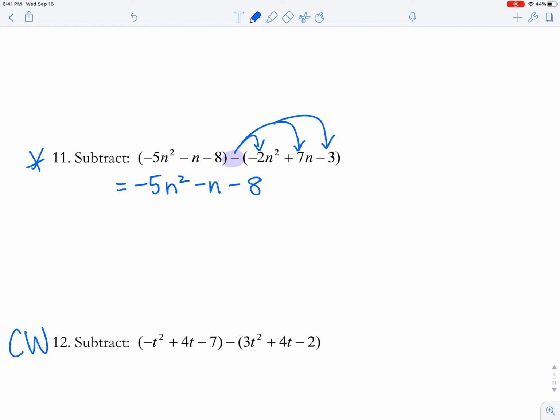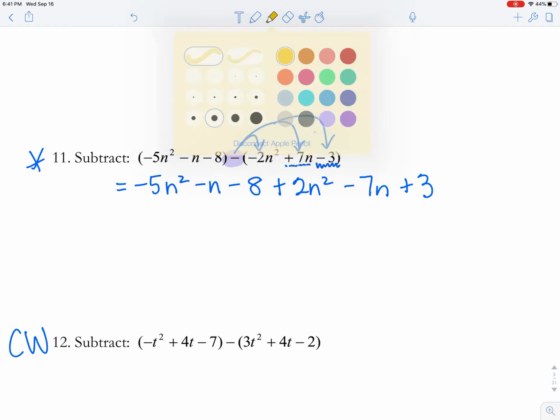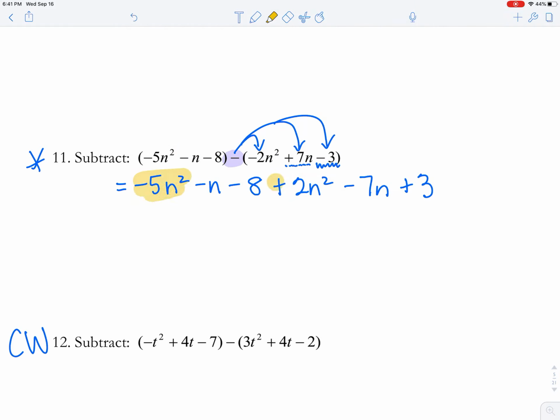A minus times a minus turns this into a plus 2n squared. Minus times 7n, positive 7n is going to give me minus 7n, and then minus times negative 3, a minus times a minus turns into a plus 3. So first we do the distributing, and now we can collect like terms. So I've got minus 5n squared plus 2n squared.